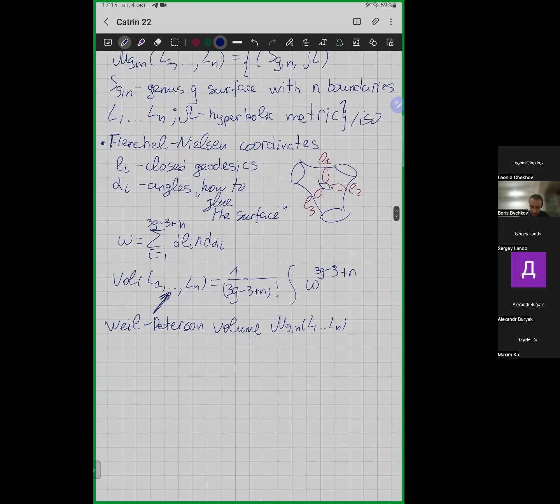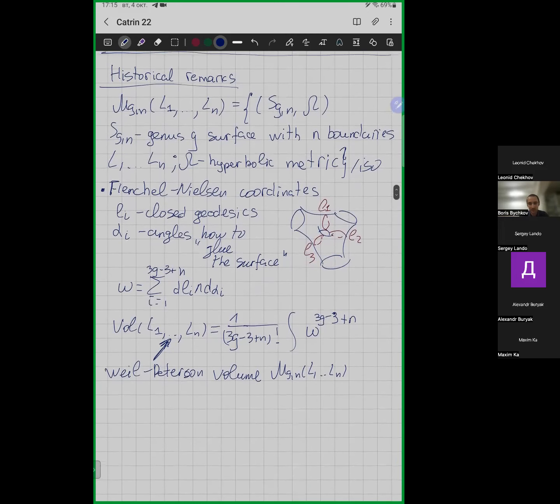So that is some historical introduction about the appearance of topological recursion. Maybe Leonid can say that I'm wrong, but as I understood, it was as follows.